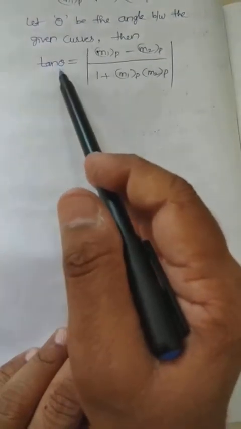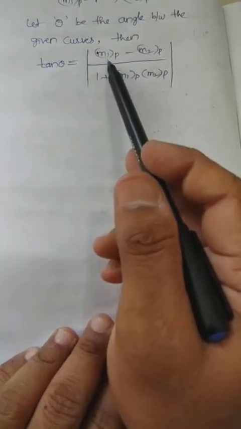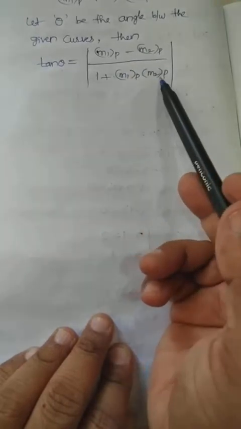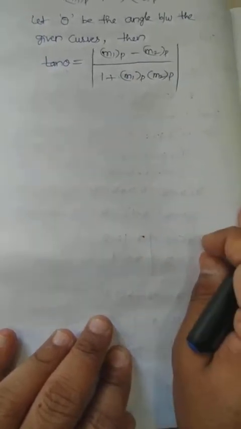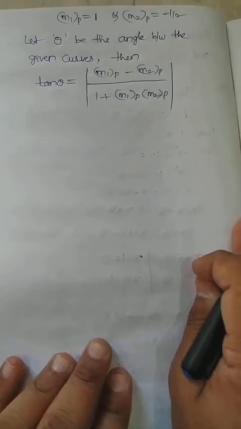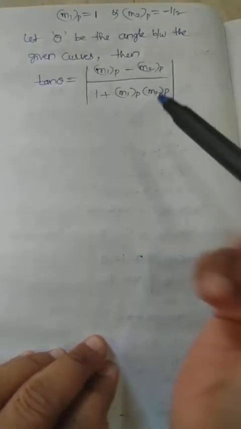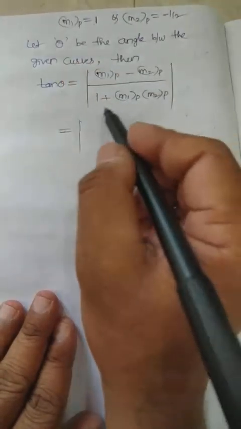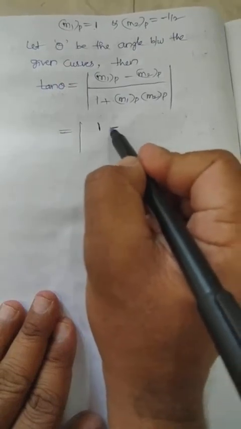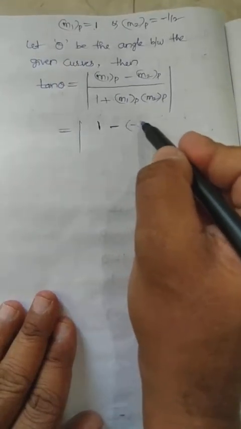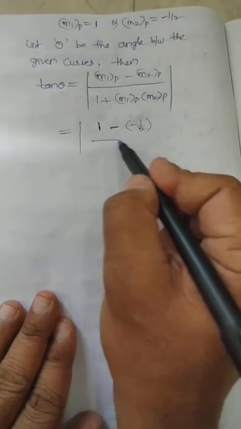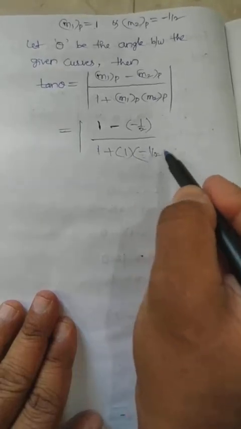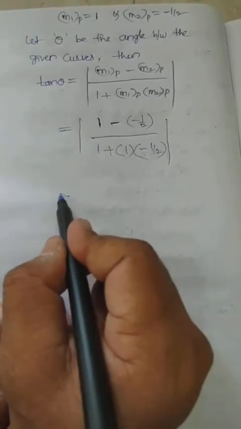Then we have the formula, as we discussed: tan theta equals m1 at P minus m2 at P, divided by 1 plus m1 at P into m2 at P. We have got the values of m1 at P and m2 at P, so I will substitute these values in this equation. m1 at P is 1, minus m2 at P which is minus 1 by 2, divided by 1 plus 1 into minus 1 by 2.